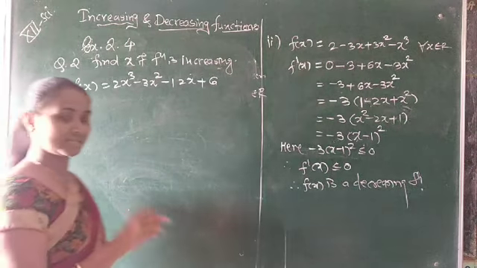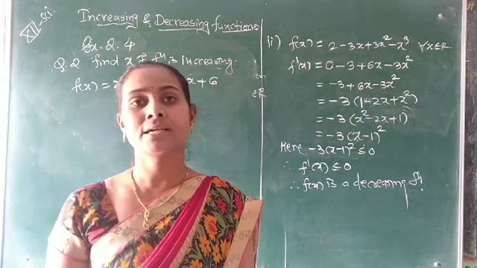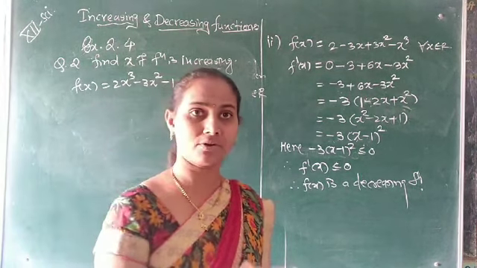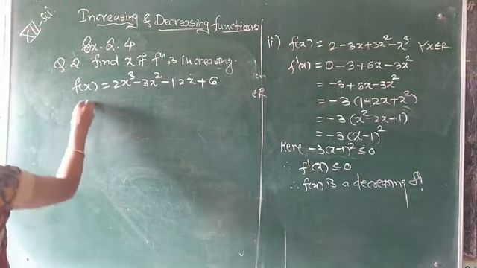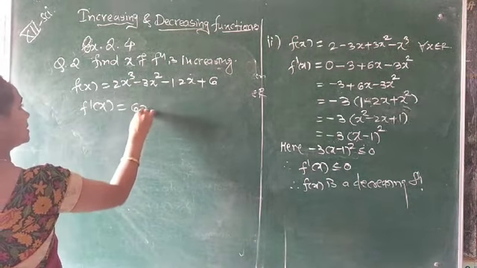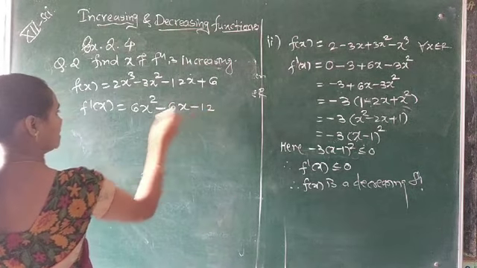So the function is increasing. The given condition is that the function is increasing. That means we have to take its derivative, and the derivative is positive because of the given condition. f dash of x is 2 into 3, 6x square minus 3 into 2, 6x, minus 12.